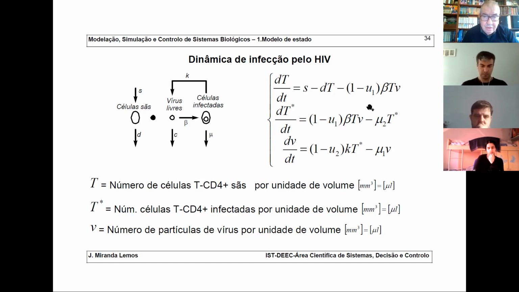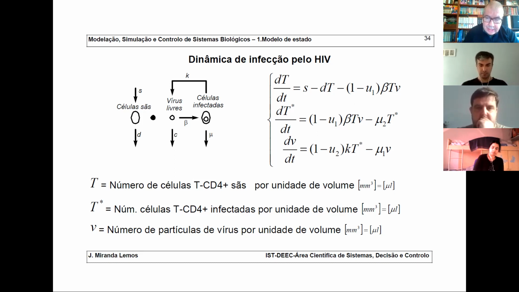Now, you can have a treatment. So you can give a drug, I mean, you take your pill. What happens to the pill? The pill goes into your body, passes by your stomach, goes to the intestines, then takes some time to pass to the blood current.